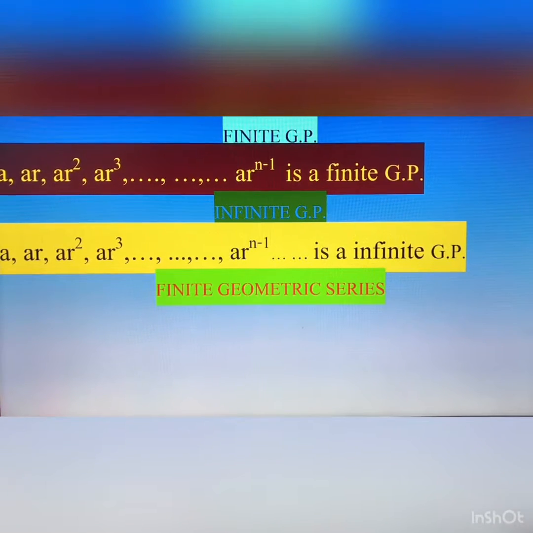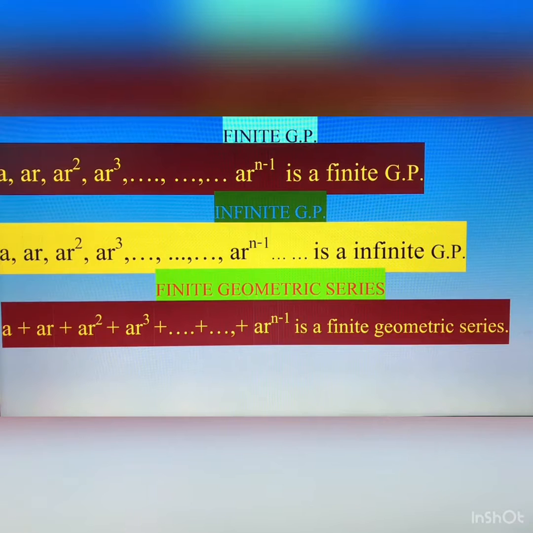So finite geometric series: A plus AR plus AR square plus AR cube and so on up to AR power n minus 1. This is a finite geometric series. Okay, because all the terms are connected by the positive sign, this is known as finite geometric series.